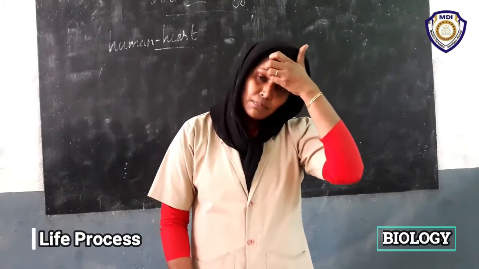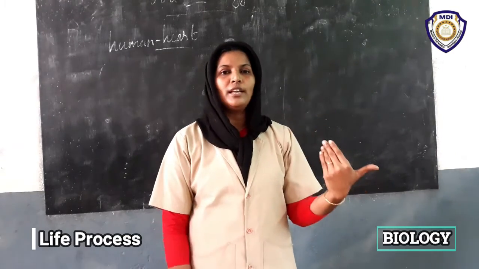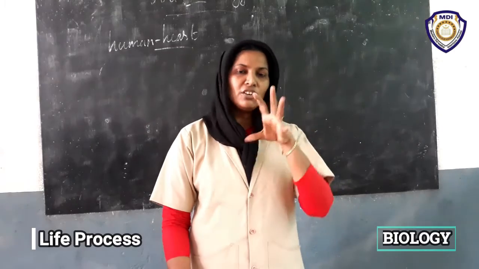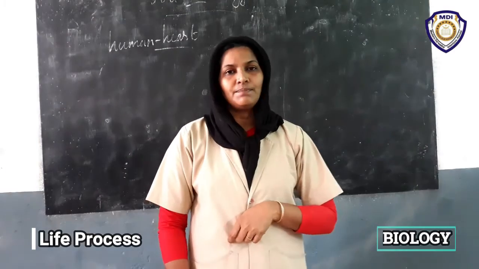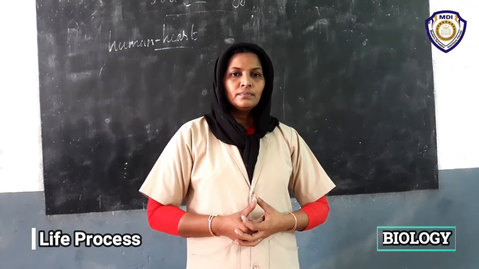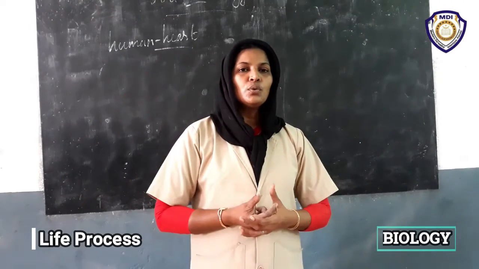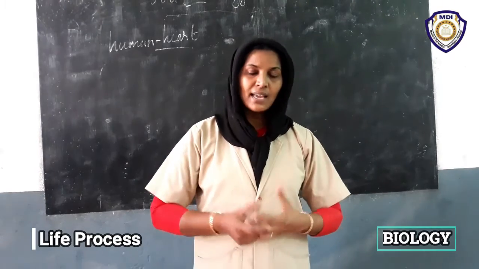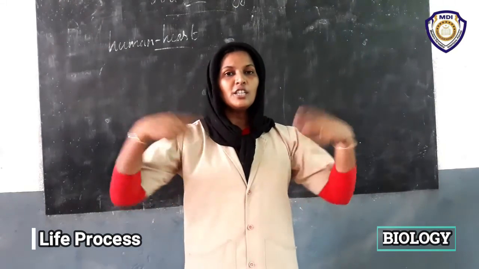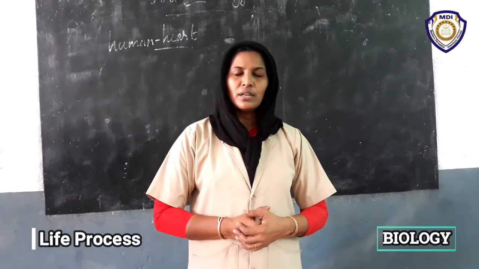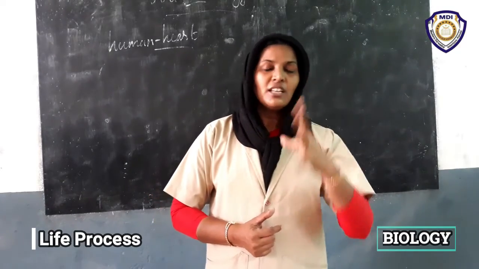So veins carry blood from all parts of the body and bring it back to the heart. That is the main function of veins. But arteries carry blood from the heart and distribute it to different parts of the body, except the pulmonary artery.